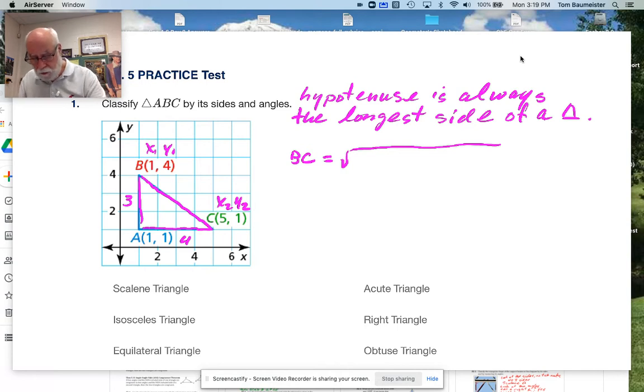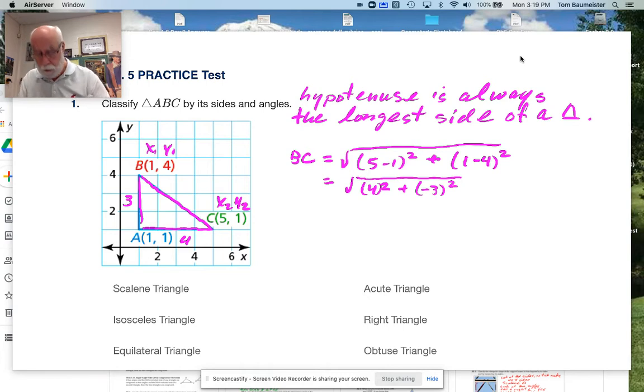So by the distance formula, it's going to be y2 minus y1, or 5 minus 1 quantity squared, plus x2 minus x1, 1 minus 4 quantity squared. If we do that, we'll get 5 minus 1 is 4 squared, and 1 minus 4, which is negative 3, being squared.